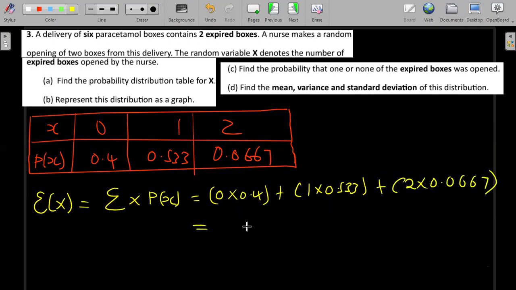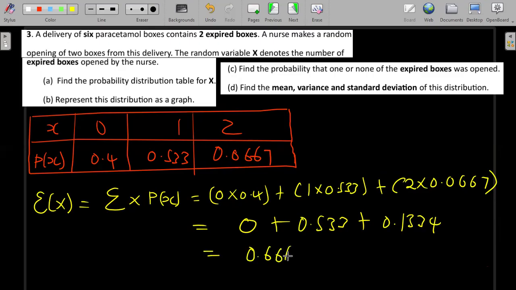So this is going to give you 0 here, and then plus 0.533, plus 2 multiplied by 0.0667 is going to give you 0.1334. So you just add this now. You're going to get 0.6667. So this here is the expected value. The expected value of x is just 0.6667.